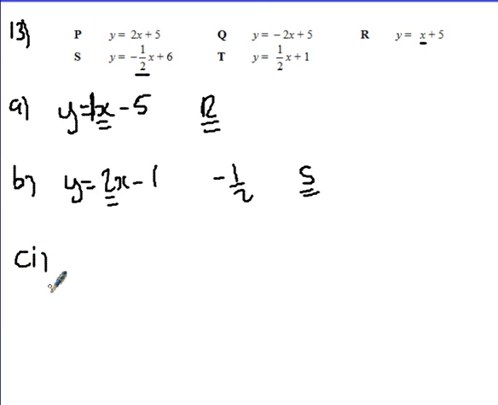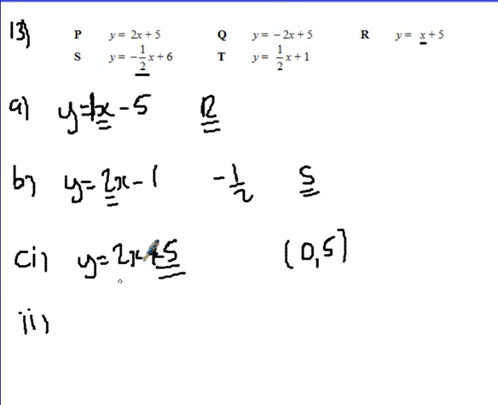C part 1. Write down the coordinates of the point where the line y equals 2x plus 5 cuts the y-axis and cuts the x-axis. Well, it cuts the y-axis here, because this is the y-intercept. So part 1 is fairly straightforward.